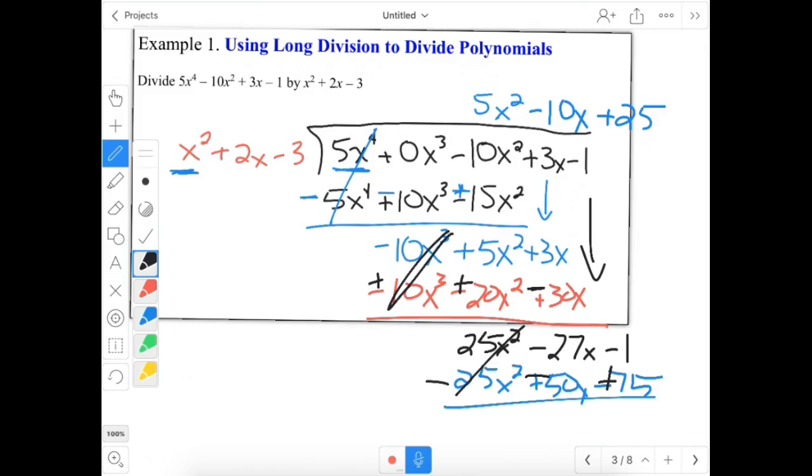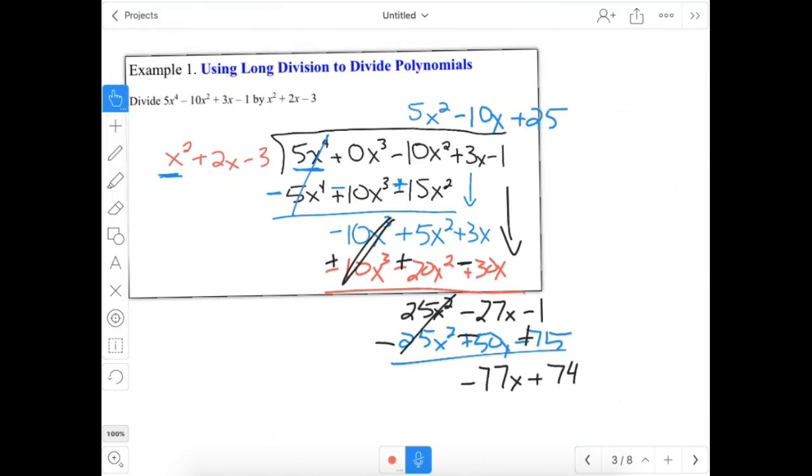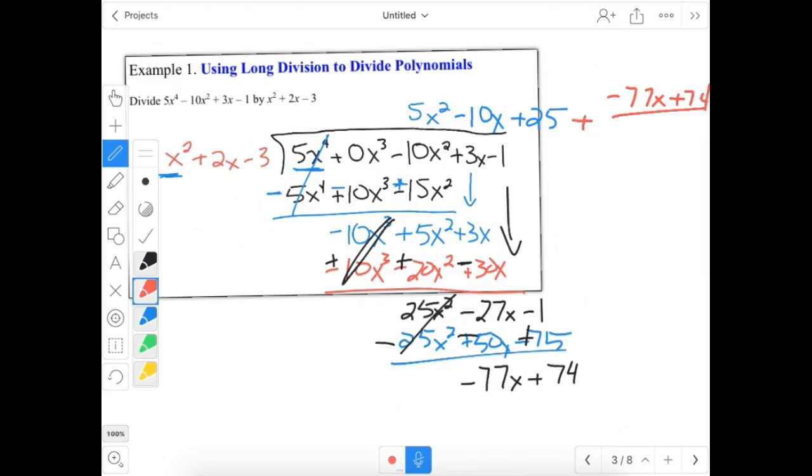Those cancel out. We'll have negative 77x plus 74. So because x squared doesn't go into that, this will be our remainder. So what that'll look like at the end, I'm just going to put a plus, and then negative 77x plus 74 all over x squared plus 2x minus 3.